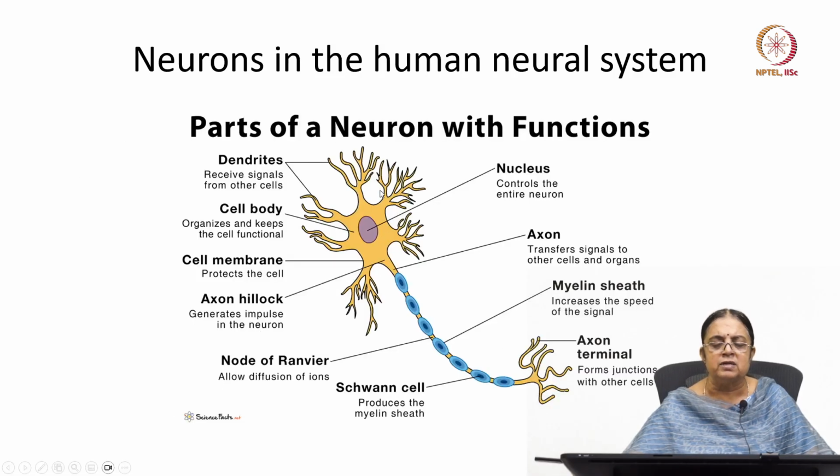So we can see that the neuron has a nucleus over here, okay, and then we have these hair-like structures which are found, okay, and you have one long tube type of thing here which again goes off into hair-like structures.